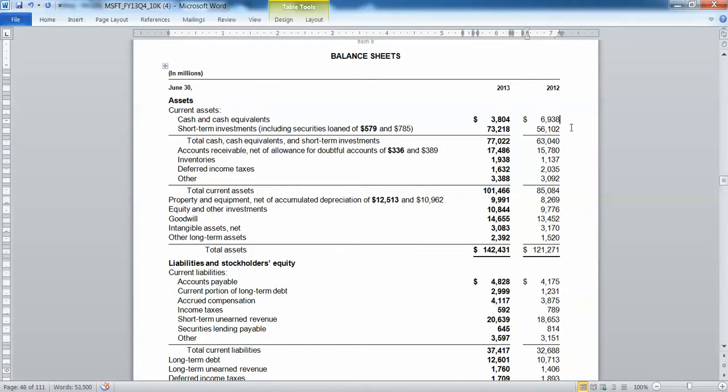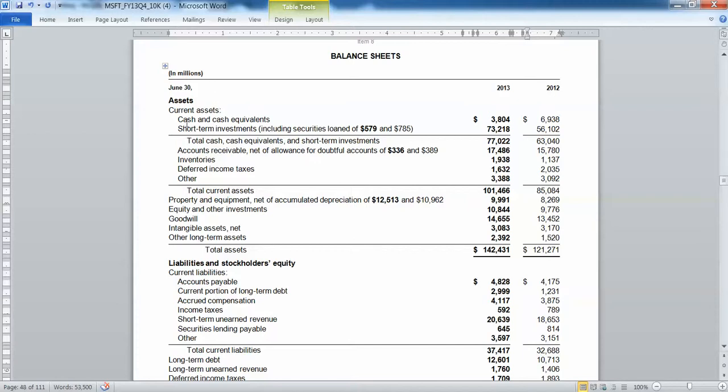And what that means is that in preparing the financial statements, the numbers were so large that the company decided to make it easier to read, again, to divide every number by $1 million in this case, or sometimes by $1,000 if it says in thousands. So what that means for us is that when we're reading these statements, if we want to know the actual number, we need to multiply all these numbers by that amount, in this case, $1 million.